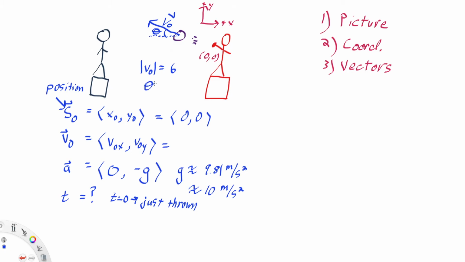And let's say we lobbed it at an angle of 30 degrees. Is that V0? These are the magnitude arrows from the last screen. So the length, the magnitude of the initial velocity vector is 6.